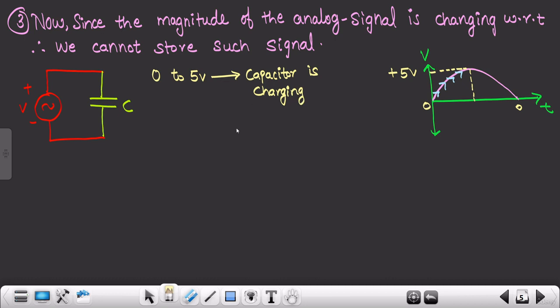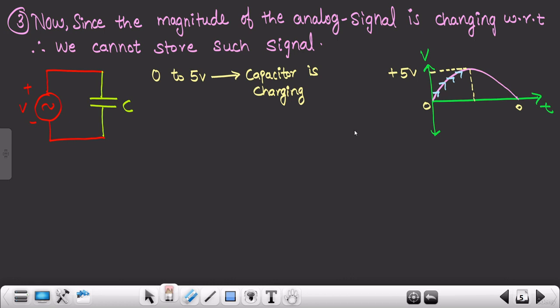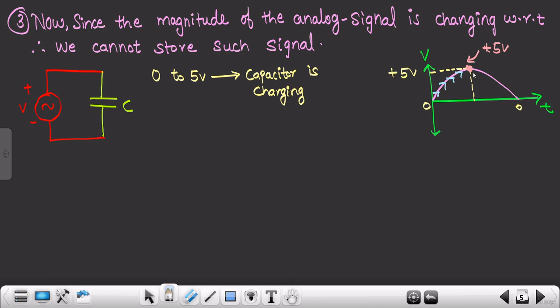But at the very next moment, as soon as this waveform reaches 5 volts, you can clearly see that the waveform starts to decrease, in this way. I hope you are getting my point.